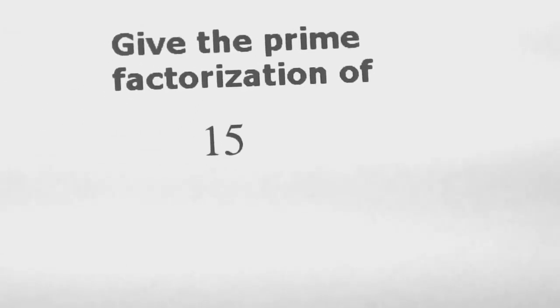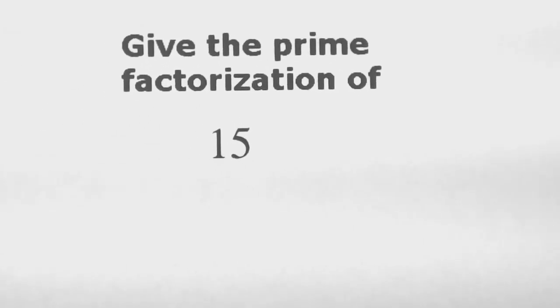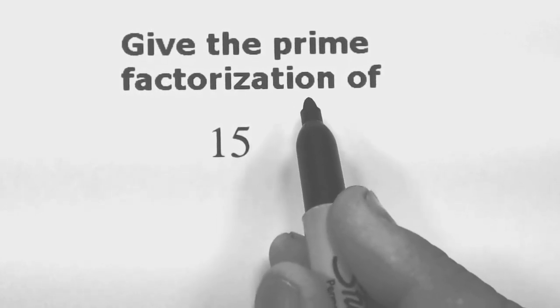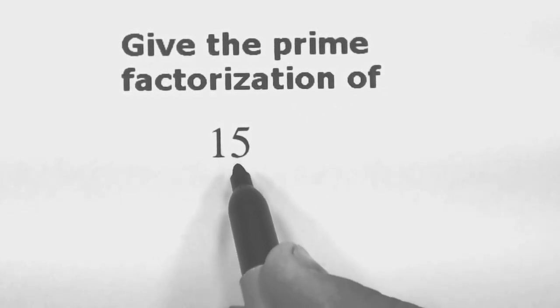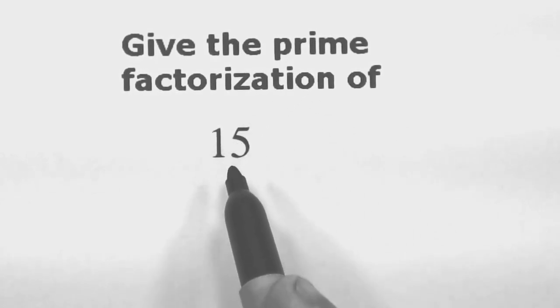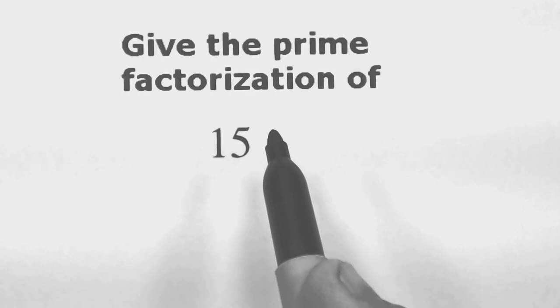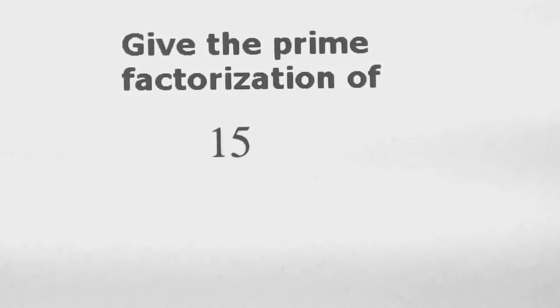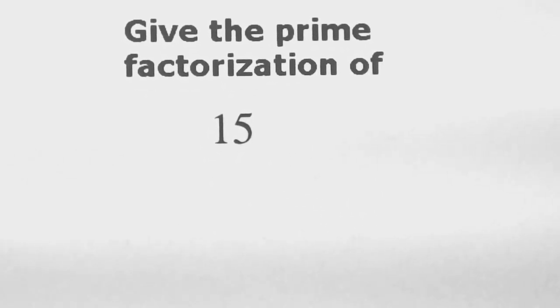Okay, let's move on now to the prime factors. And the way this is often indicated is we want the prime factorization of 15. Now, there are many different ways that you can come up with the prime factors, but we've introduced you guys to the factor tree, and so that's what we'll make use of here.